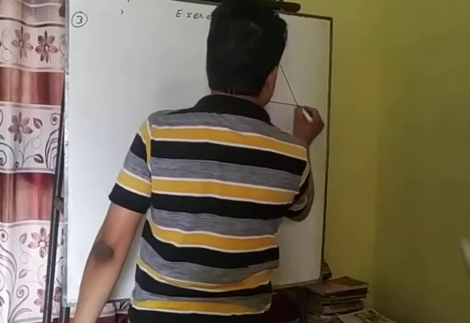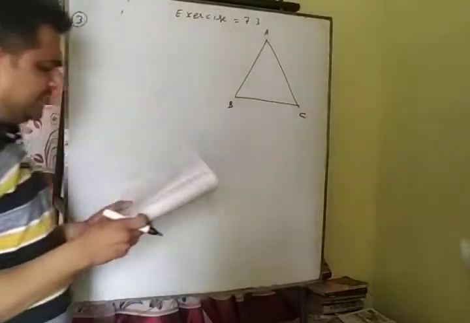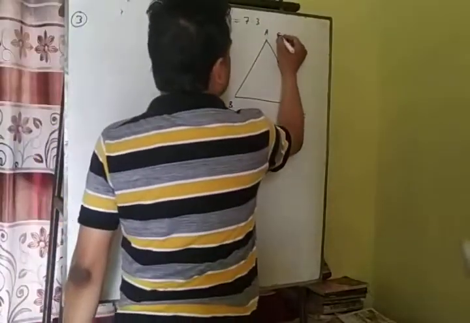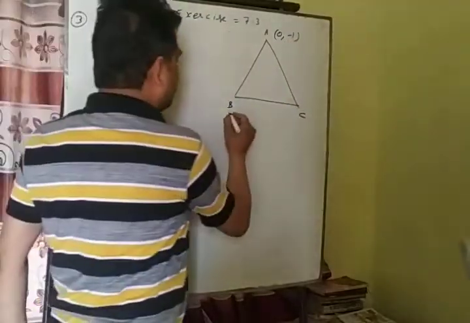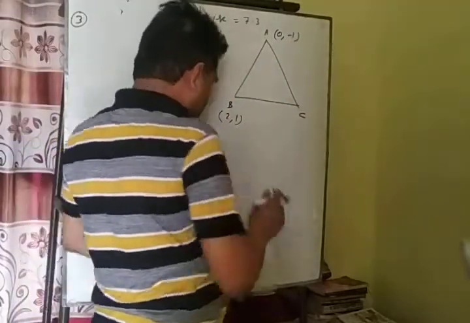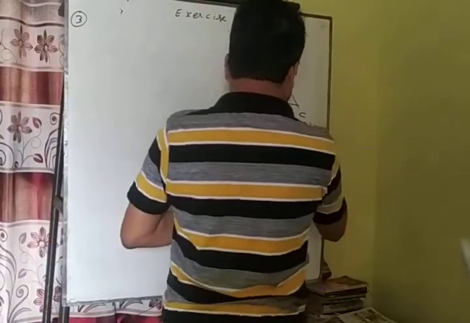We write the name A, B, C. First point is (0, -1). Second point is (2, 1). Third point is (0, 3).